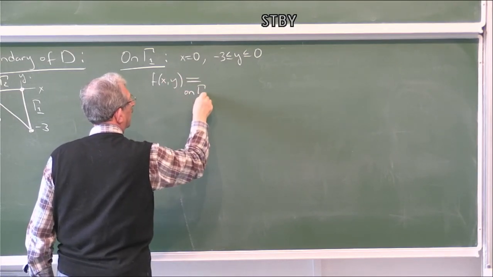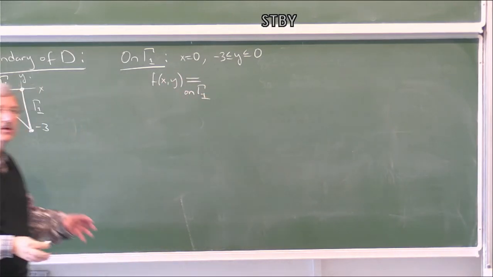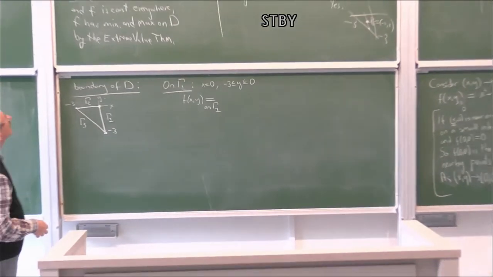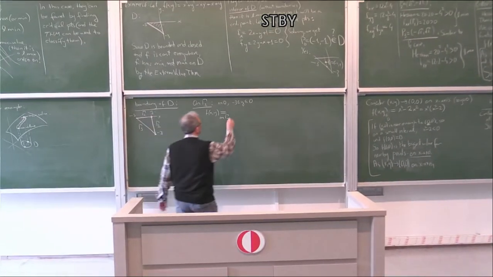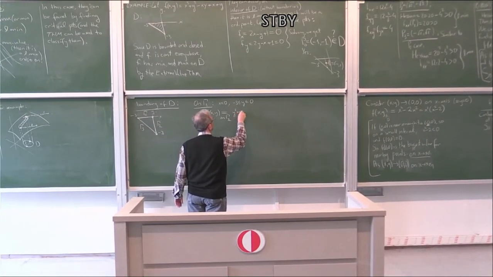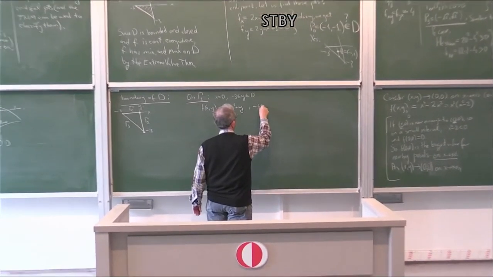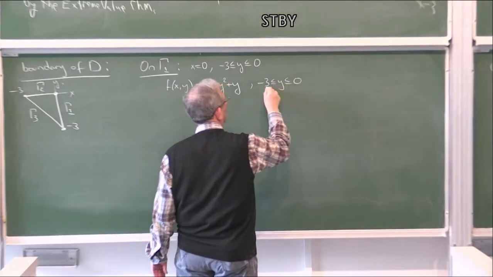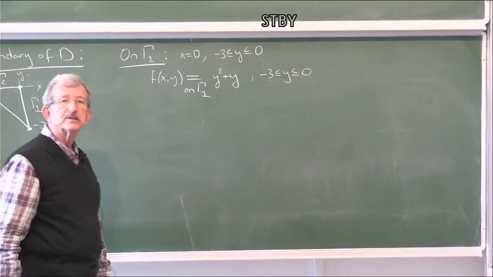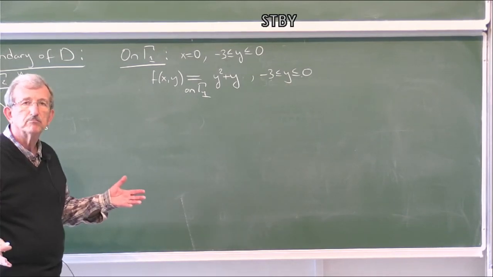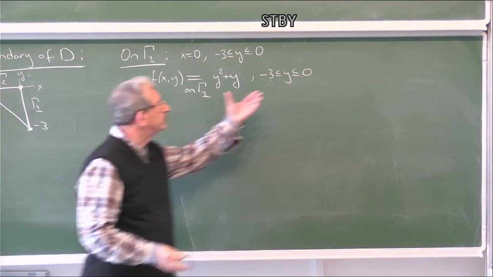We are on gamma 1. I can substitute inside the function. Well, because x is 0, when I look at my function up there, I see that I only have y squared plus y, and not forgetting, okay, that y is restricted. So now this is a one-dimensional problem. I have a polynomial, I have a closed interval.